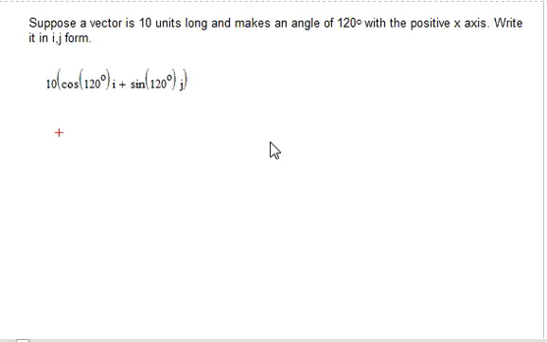So this is going to be 10 times negative the cosine of 60 degrees. First of all, cosine of 60 degrees is square root of 3 over 2. But it will be a negative number, so negative square root of 3 divided by 2 times i.